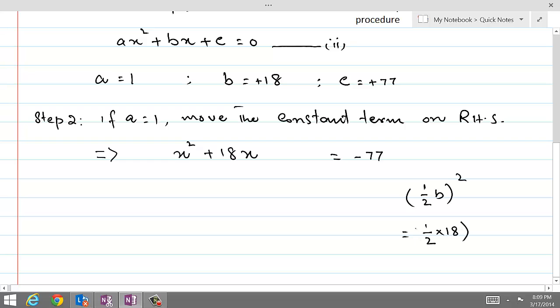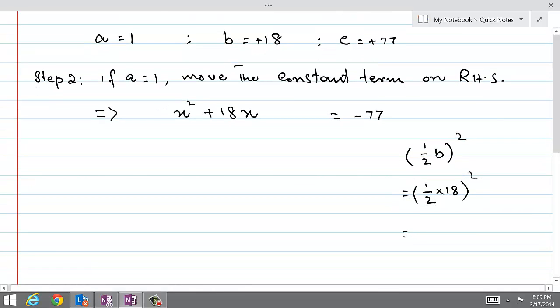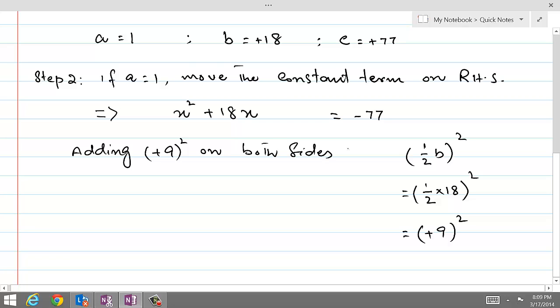This whole square gives us plus 9 whole square, because 18 is plus. So adding plus 9 whole square on both sides of the equation.